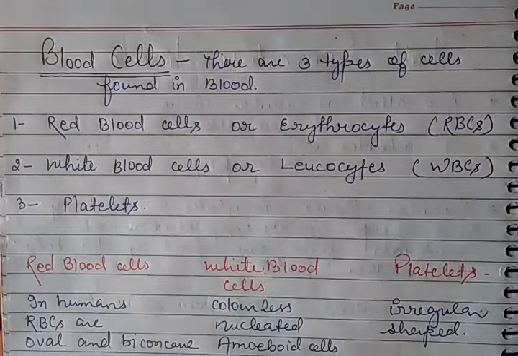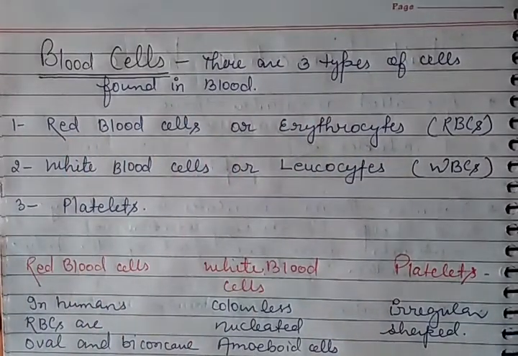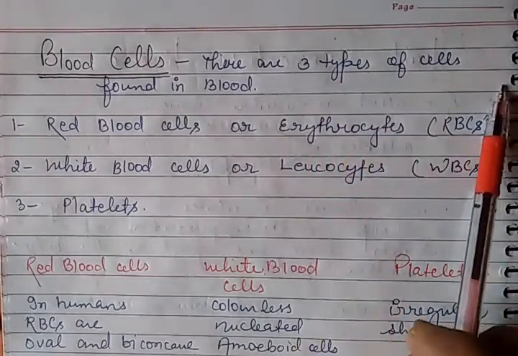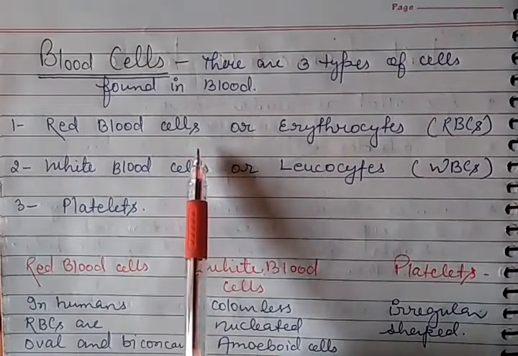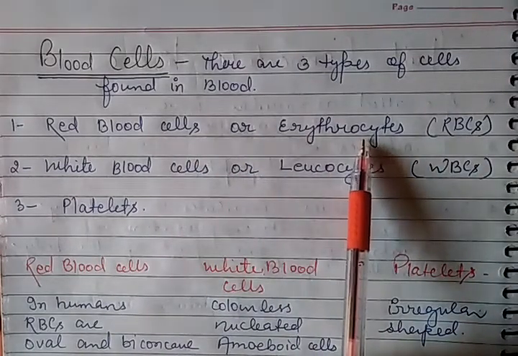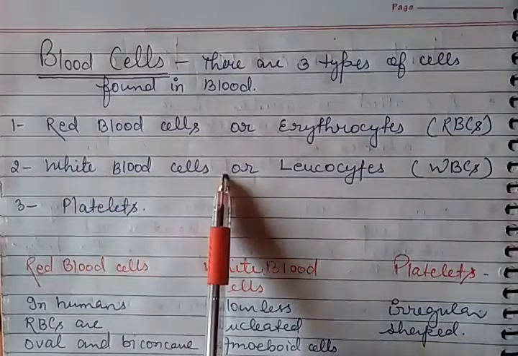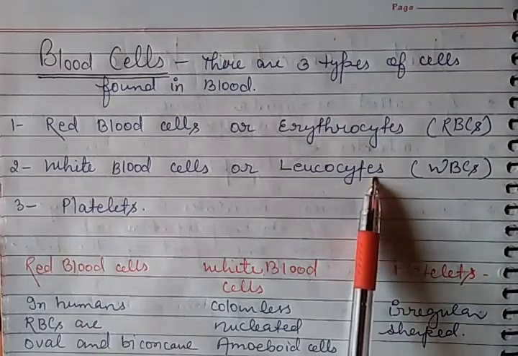Now we will talk about the blood cells which are present in the blood. So there are three types of blood cells found in the blood. First one is red blood cells or RBCs, which are also known as erythrocytes. Second one is white blood cells, WBCs, which are also known as leukocytes.